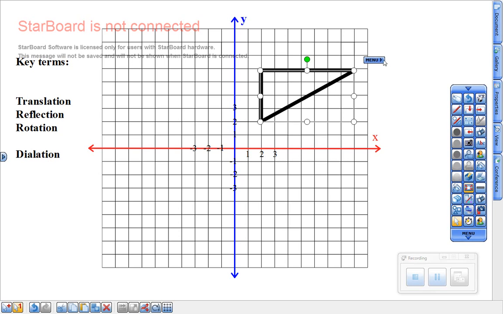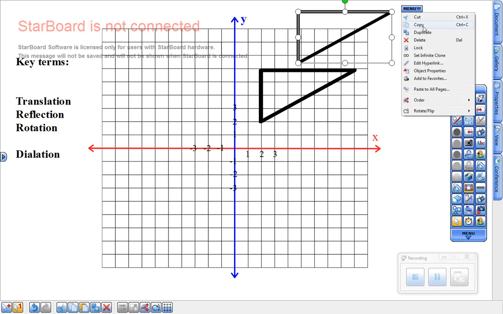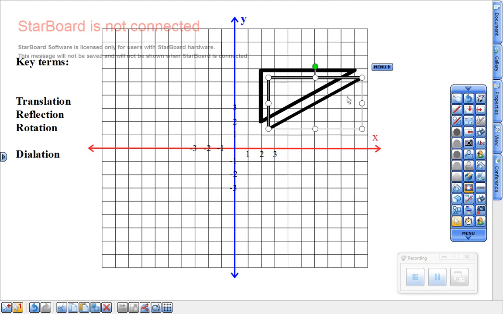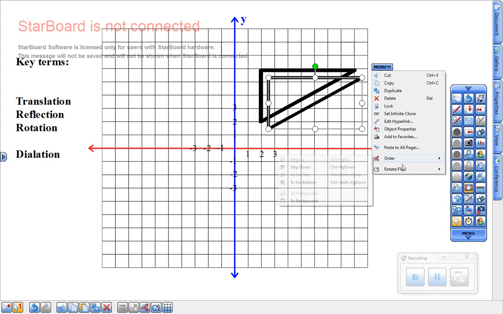If I wanted to show a translation, I would take a triangle in the exact same shape and direction and just move it to a different spot, like maybe left and down, or maybe up and to the right.